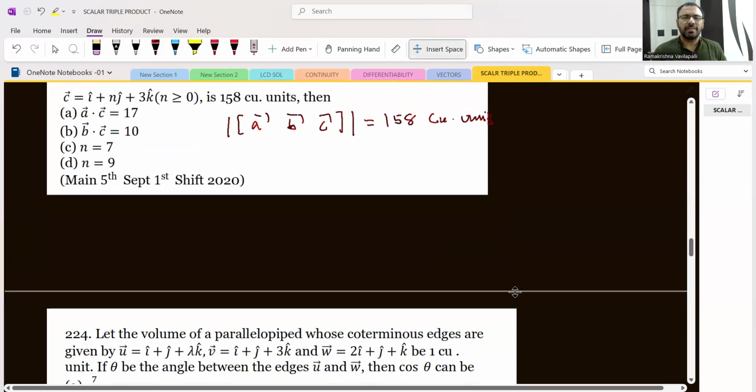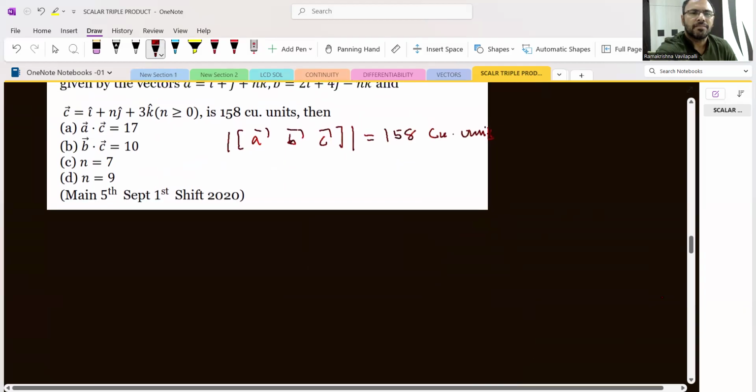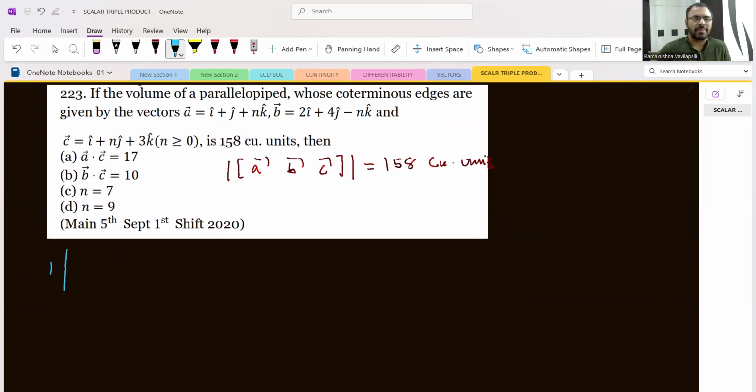We just need to find the determinant of all three vectors. So here, the volume is equal to modulus of the determinant of first vector 1, 1, n, second vector 2, 4, minus n, and third vector 1, n, 3. This is given equal to 158.